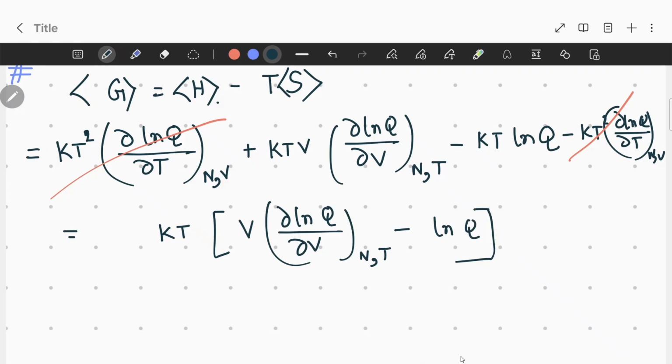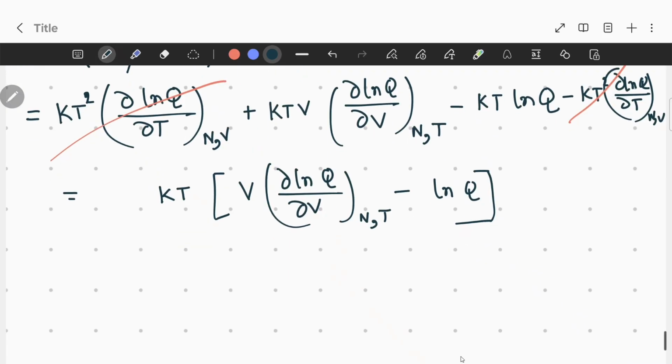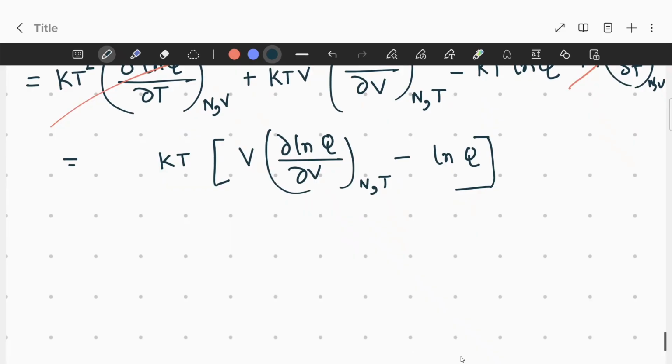Properties. We have left that. Can I prove G equals A plus PV? G equals A plus PV. Check it.